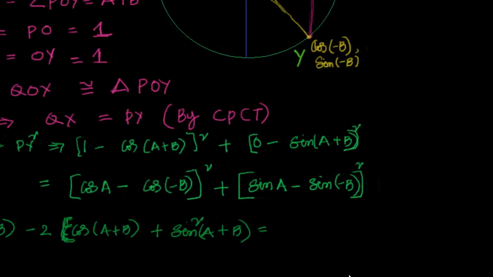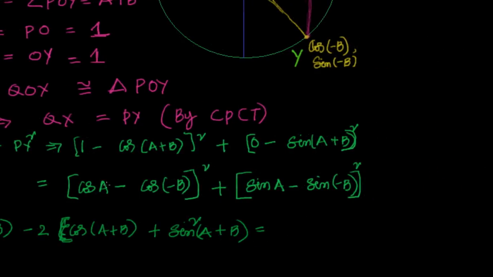let's take the RHS now. Let us see what I will get on the RHS side. RHS side is this one. So this becomes cos square A. Cos minus B is cos B only.